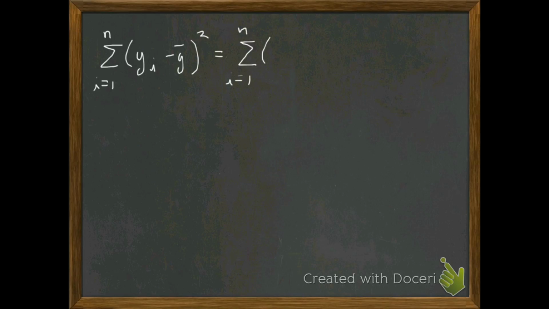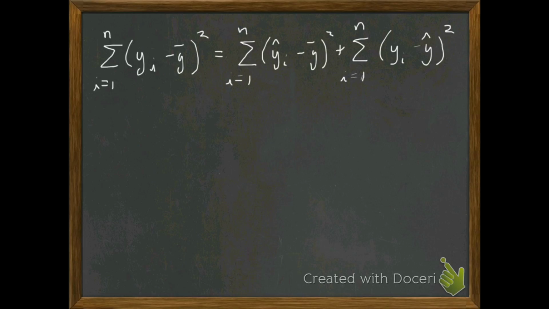Let's just prove that the sum from i equals 1 to n of... hope I can get this all written... is truly the right-hand side.